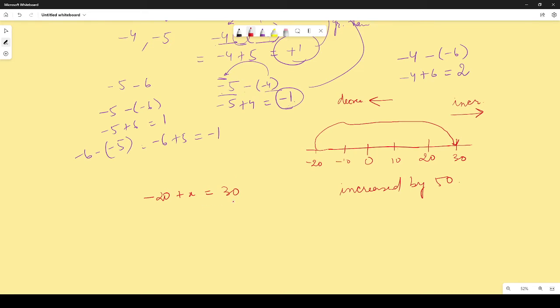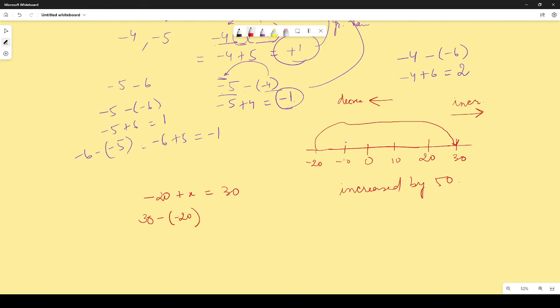Or if you are not using the x method, we will just go back from 30 to minus 20. So we are subtracting. Now we are moving from 30 to minus 20. We'll just go in the reverse order. So what we do is we are subtracting minus 20 from 30. So we're moving backwards.